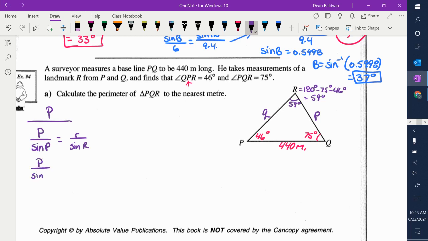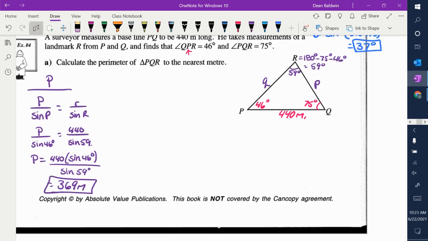Sine of P is sine of 46. R is 440. Sine 59. And if you do all that, you should get 369 meters. All right, now we got to find Q. It's the exact same thing, and you can use the R over sine R bit too.